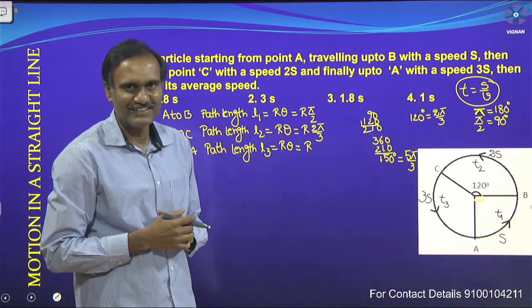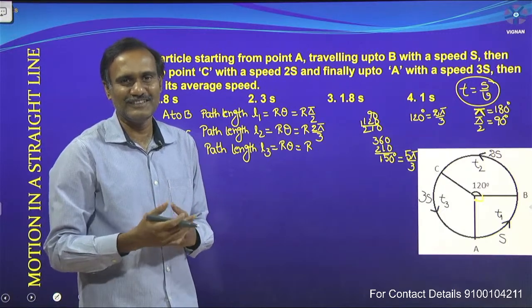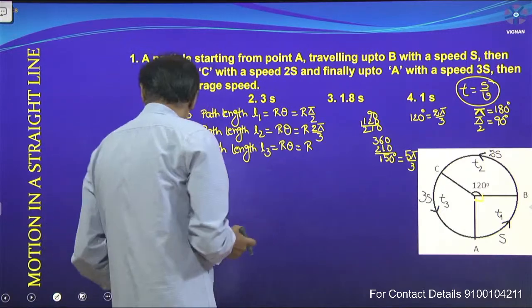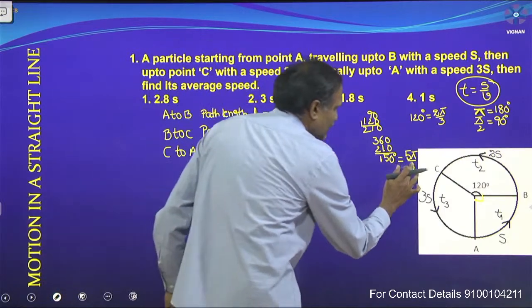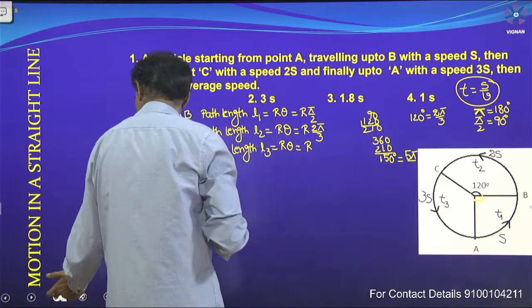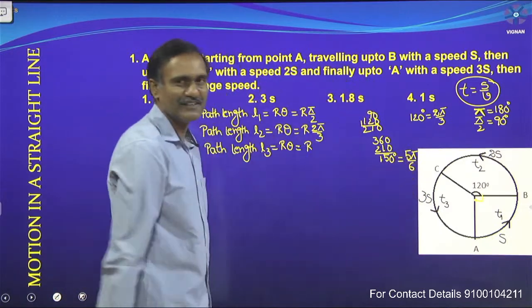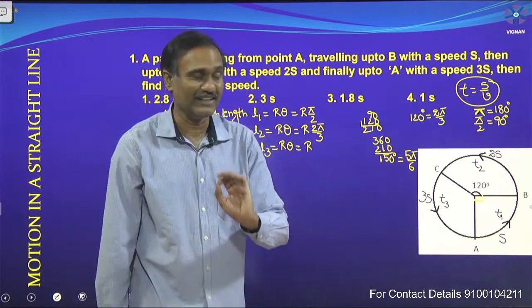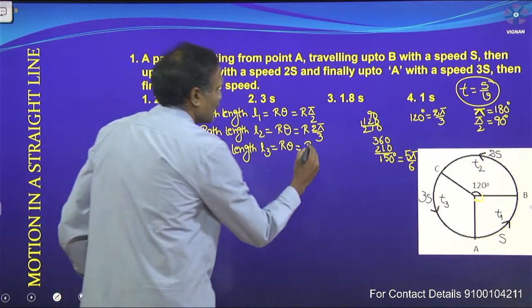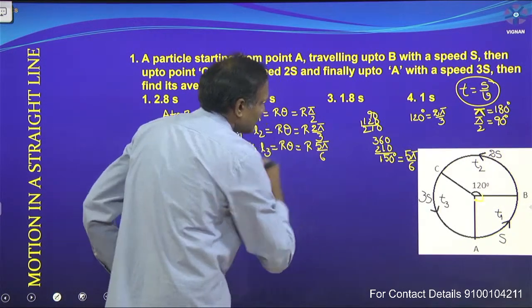No. Pi by 3 is 60, 5 into 60 is 300. Therefore, it is not pi by 3. It is 5 pi divided by 6. Pi by 6 is 30 degrees, into 5 is 150 degrees. Remember that. Therefore, R into 5 pi divided by 6.